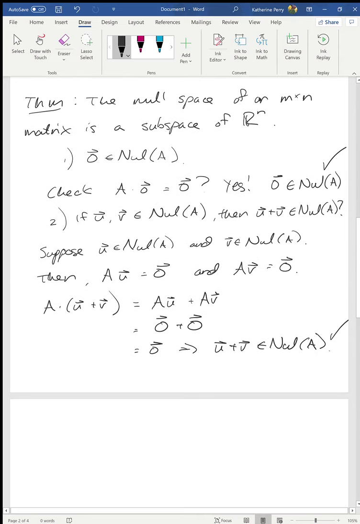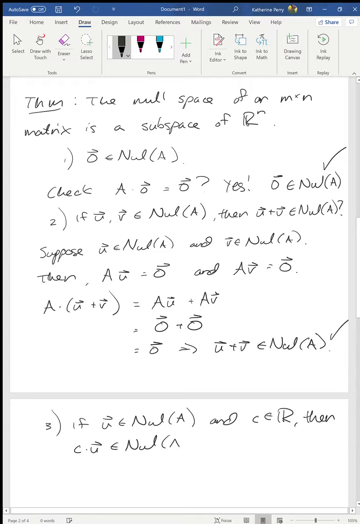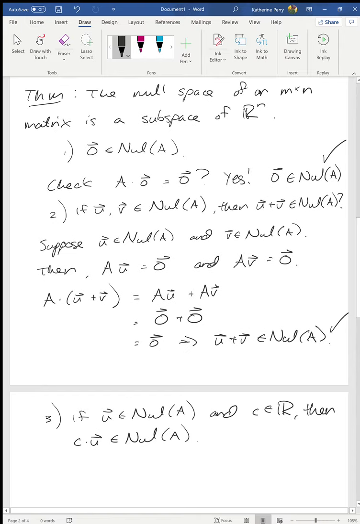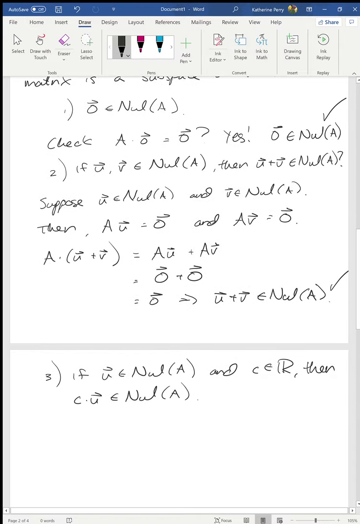Okay, and lastly, we have this third property. If u is in null A, and c is in R, then c times u is also in the null space, which means A times c times u is equal to 0. And so if we do that, we can check.